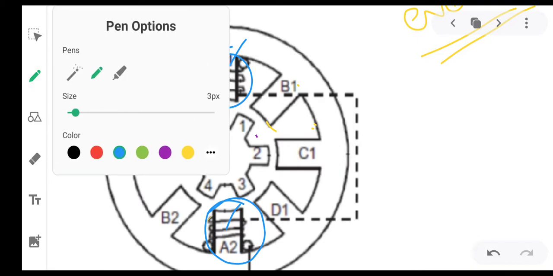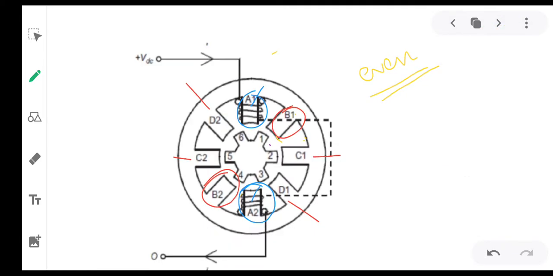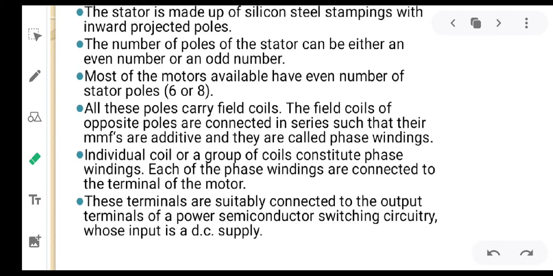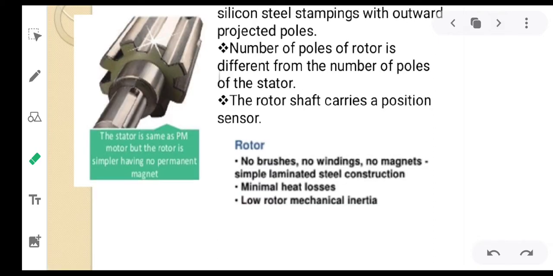Then B1 and B2 are the second phase, and similarly C1 C2 and D1 and D2 are the phases. These phase windings are connected to the DC supply through some power semiconductor switching circuitry, which we shall see in detail in the next sessions.